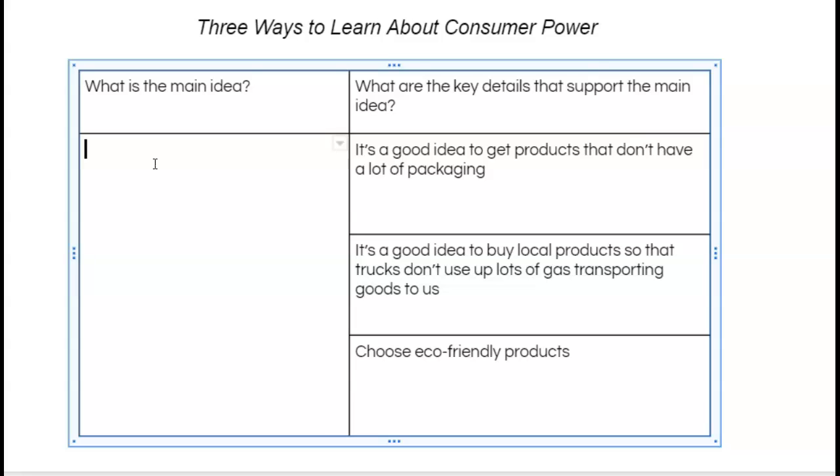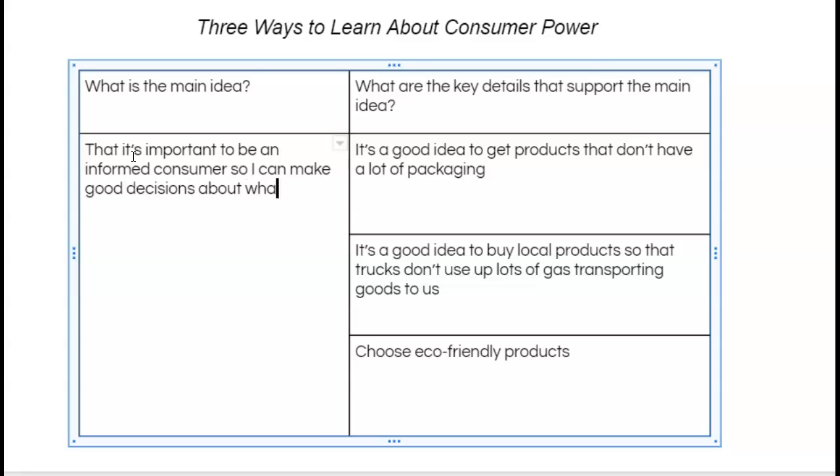These key details are making me think that our main idea is that it's important to be an informed consumer so I can make good decisions about what I buy. All right.